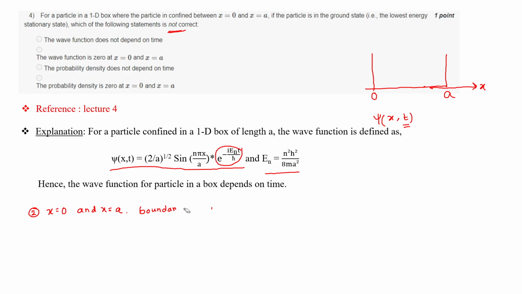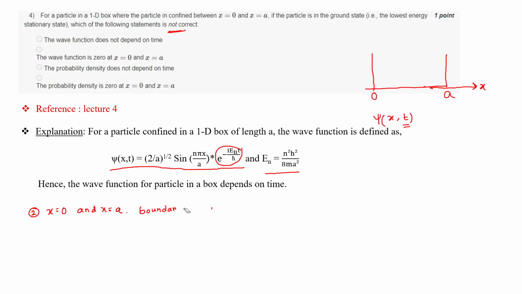Because if we restrict the particle to move in the box, the outside potential is infinite. Since the outside potential is infinite, the particle cannot go out of the box; it is just moving inside the box. The boundary condition is that the wave function of the particle is 0 at x equals 0 and x equals a. So this is the correct one. What I have said is the correct thing.